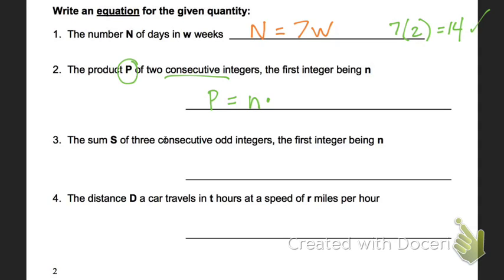N plus 1. Because like if I have 3, if 3 is my n, to get 4 I have to add 1. If I had 5, to get to 6 I have to add 1. So consecutive, you're just adding 1 to the second. And then the multiplication part of it is the word product.